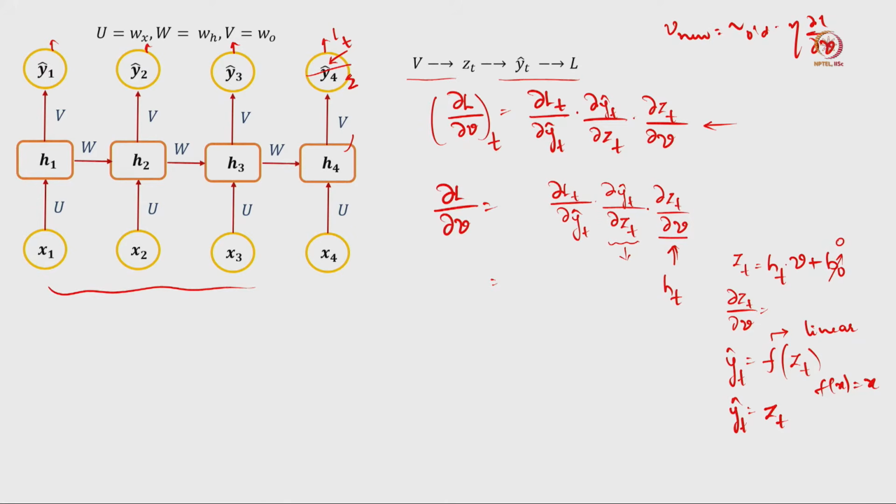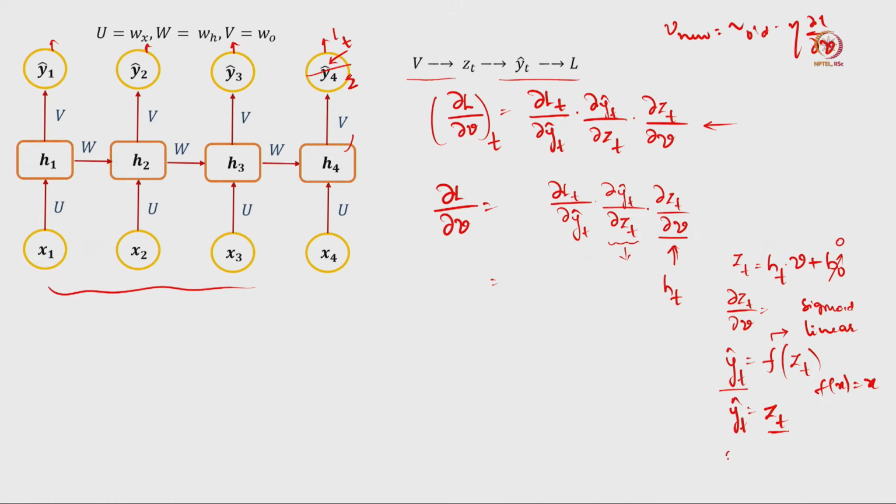If it is a classification problem, then this function will be sigmoid, and accordingly you will have the derivative of sigmoid, f of x times 1 minus f of x. Here, YT hat is just ZT because f is a linear function.